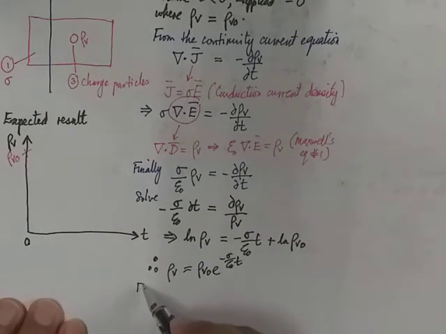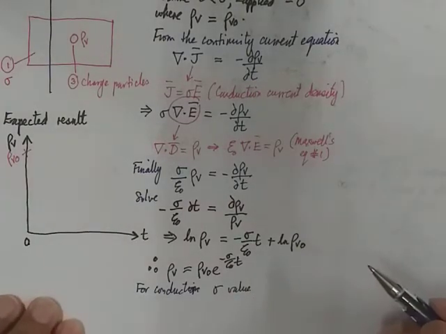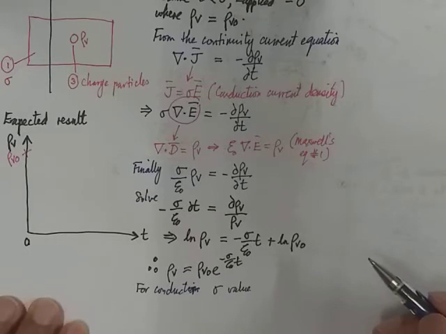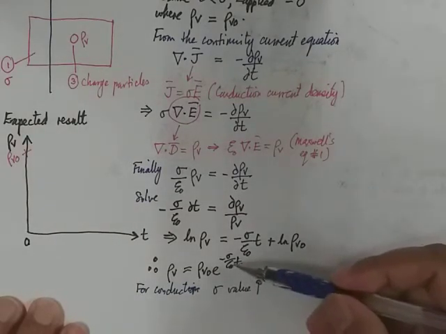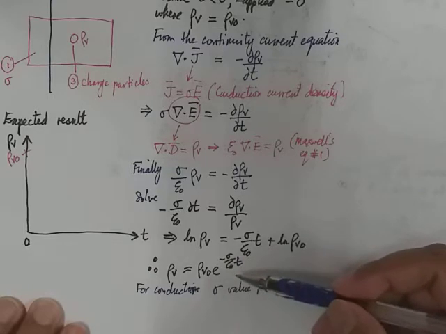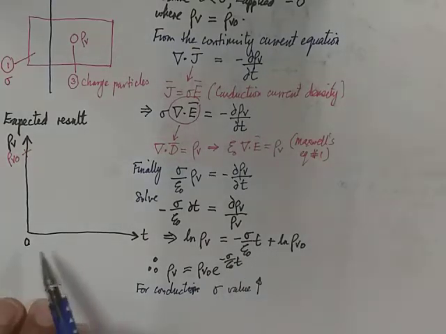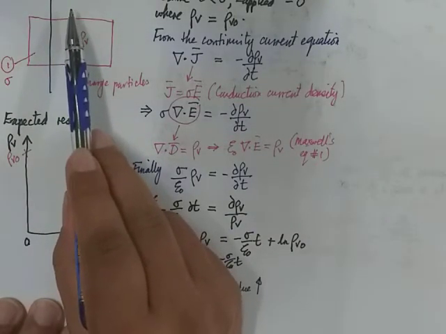From the discussion that we proved in my previous lecture, for a conductor, sigma value is always large or small? For a good conductor, very large. So when the sigma value is very large, you have a very large number here with minus t.